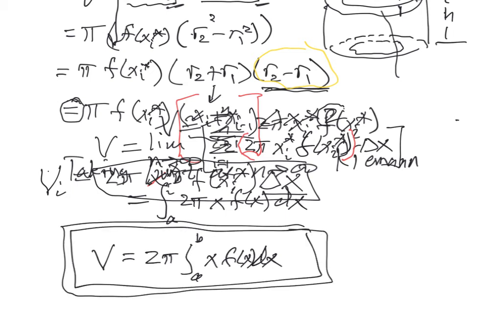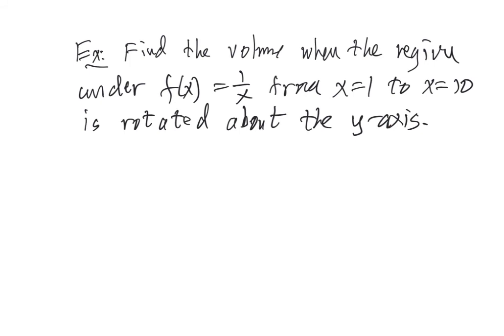All right, so let me clean things up. You can see I've got quite a mess, and then we'll do a few problems. We'll start with the really easy problem. Find the volume when the region under the function 1 over x from x equals 1 to 10 is rotated about the y-axis. Let's take a look at the region.